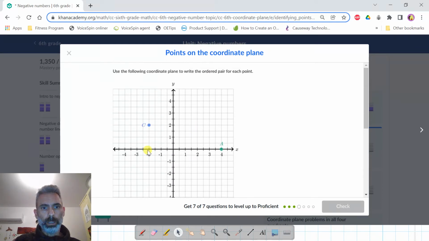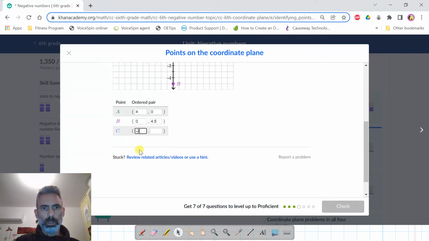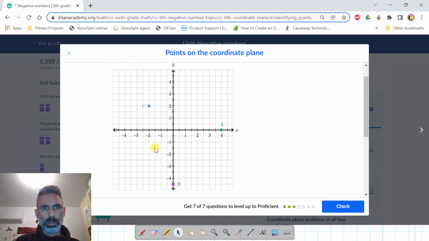Point C on the x is -2 and on the y is +2, right? -2 and +2.